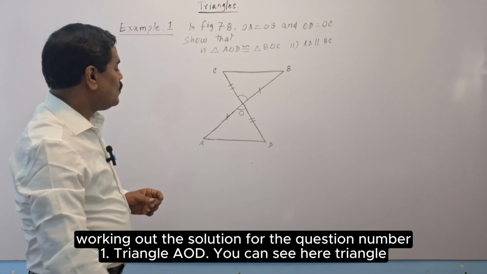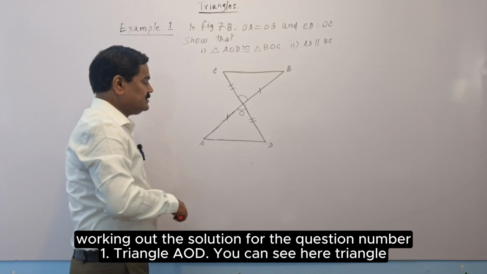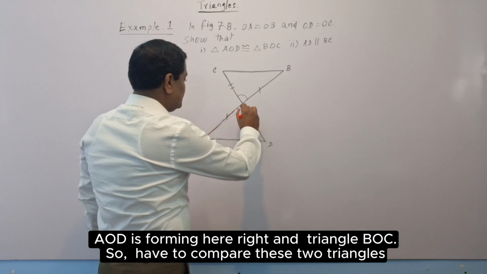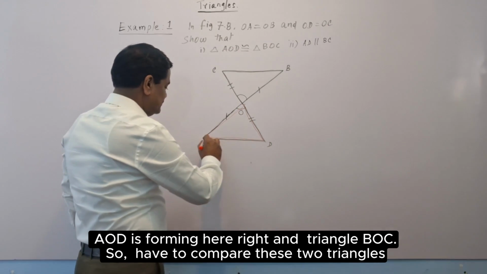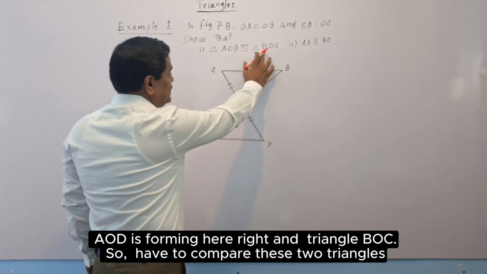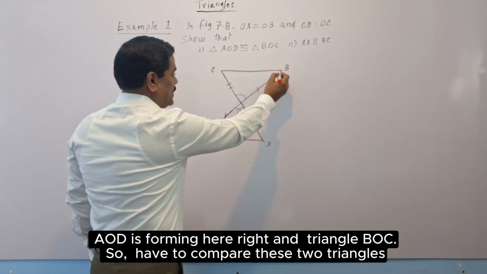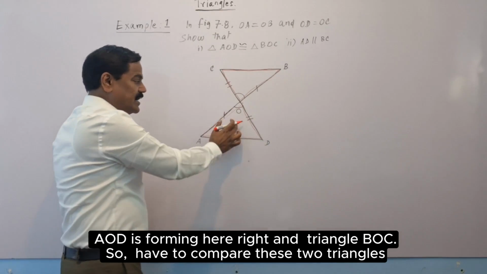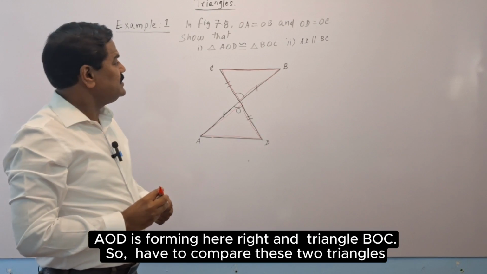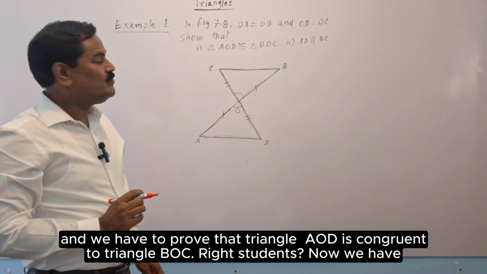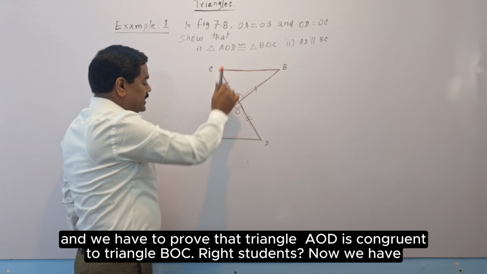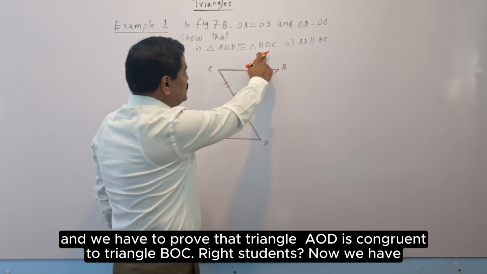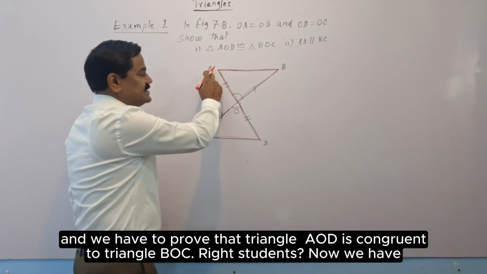Triangle AOD is forming here, and triangle BOC. So we have to compare these two triangles and prove that triangle AOD is congruent to triangle BOC. We have studied the criteria for congruence of triangles, so we have to apply any one of the criteria to prove that triangle AOD is congruent to triangle BOC.